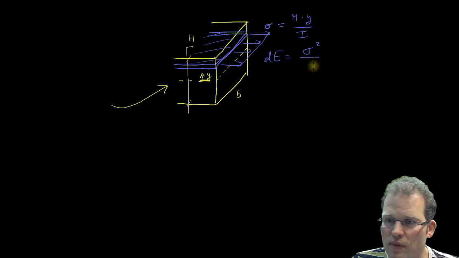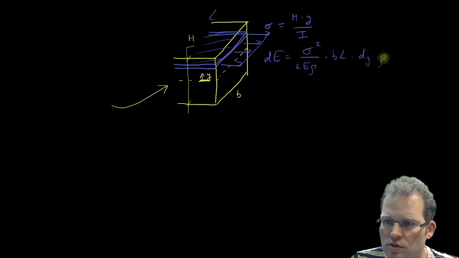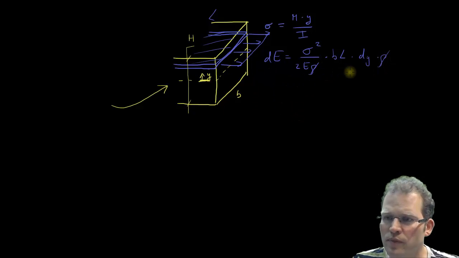Well, let's see. We use the same formula that we derived earlier for the specific energy, and then we multiply it by the mass of this little plane. And the mass of this plane is B times L times dy times the density, and the density again disappears.